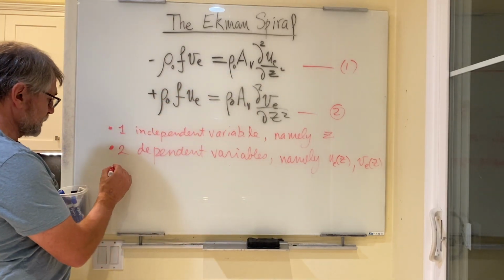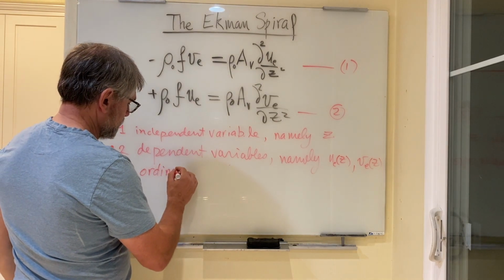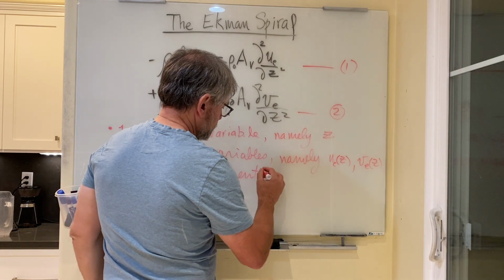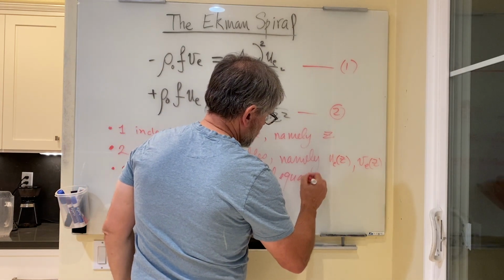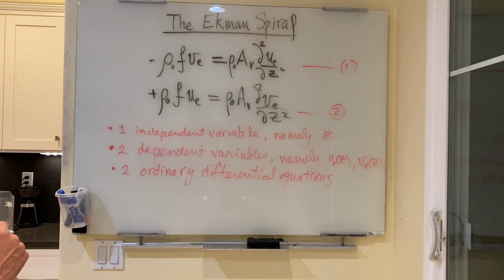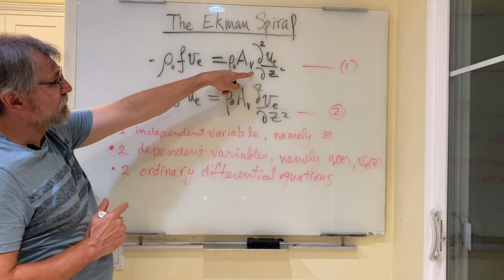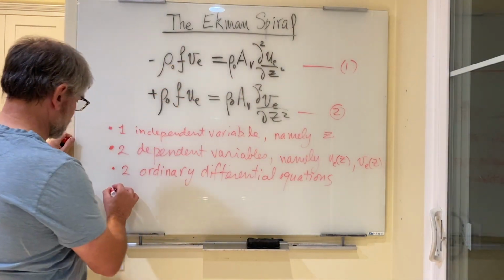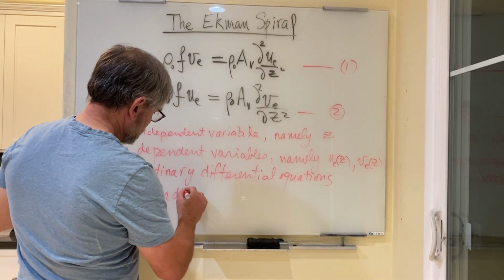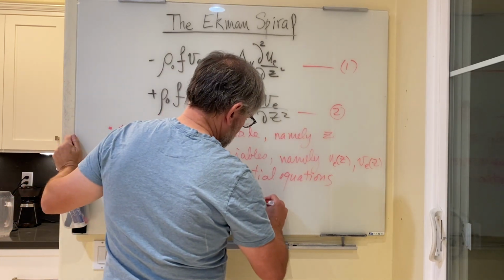So these are in fact two ordinary differential equations. What else can we say about these? They're second order, right? The highest derivative that shows up is the second derivative, so they're second order differential equations.